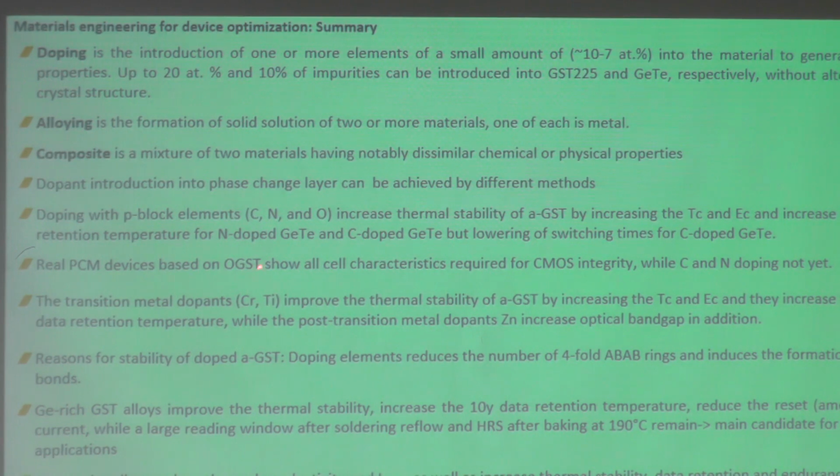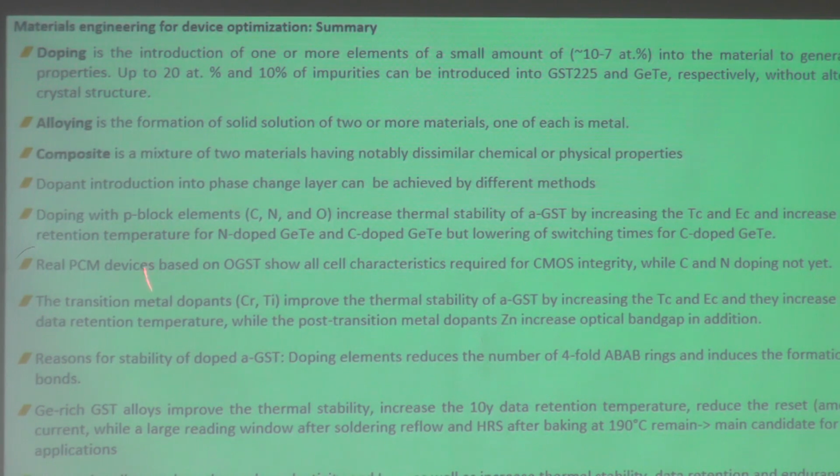Real PCM devices based on oxygen-doped GST show all the cell characteristics required for CMOS integration, while carbon and nitrogen doping do not. The transition metal dopants like chromium and titanium improve the thermal stability of amorphous GST by increasing Tc and Ec, and they increase the data retention temperature. Post-transition metal dopants like zinc additionally increase the optical bandgap.